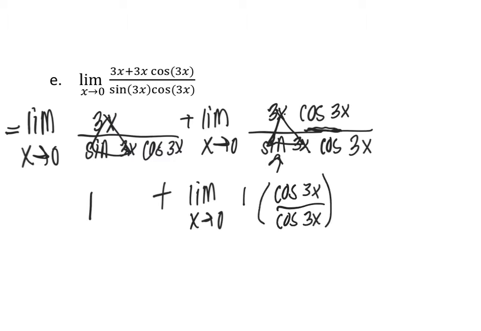First of all, the cosine of 3x over the cosine of 3x completely cancel and give you 1. Or you could think of it as cosine of 3 times 0, so the cosine of 0 is 1, divided by the cosine of 3 times 0, and the cosine of 0 is 1. So it's 1 over 1, which is still 1. Anyway, moral of the story, that limit came out to be 1. And your answer is still 2.